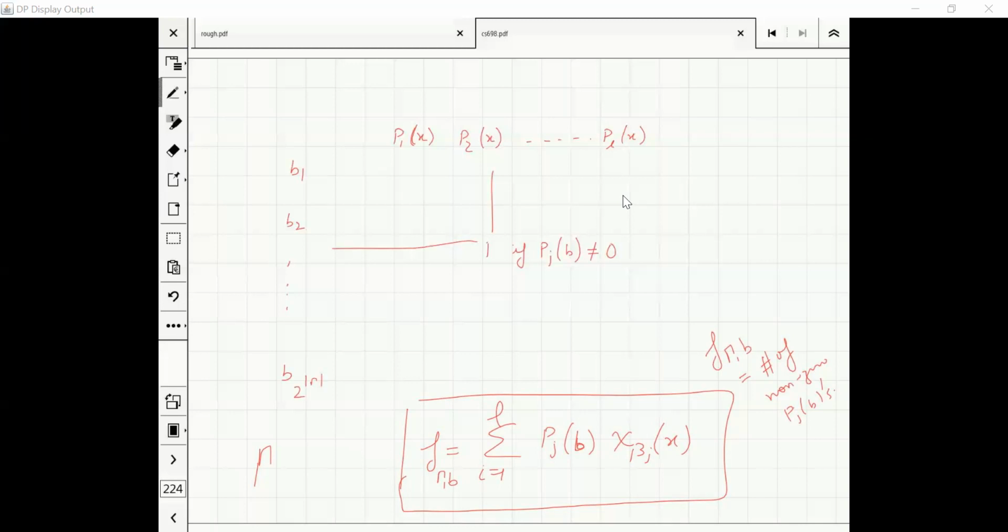So whichever ones don't go to 0, that will be the sparsity of f gamma b. It need not be L, it can be much lesser. If it was L, then I would be happy. But unfortunately, it might happen that for all b's, the sparsity is much smaller than L, and then I don't have a good function to apply sense.